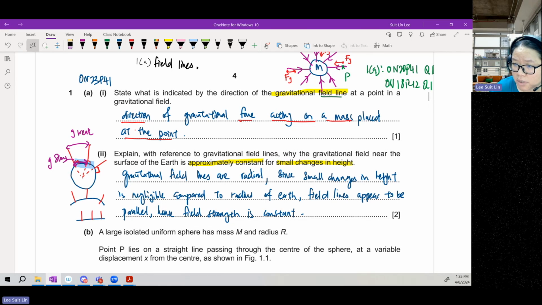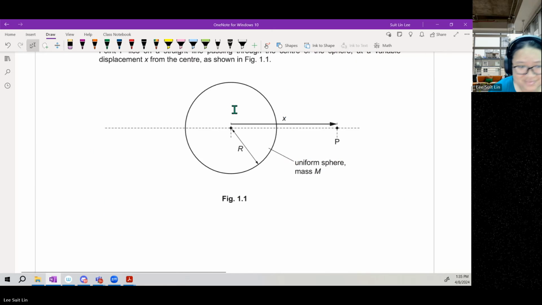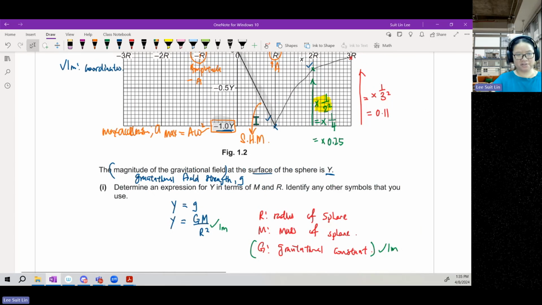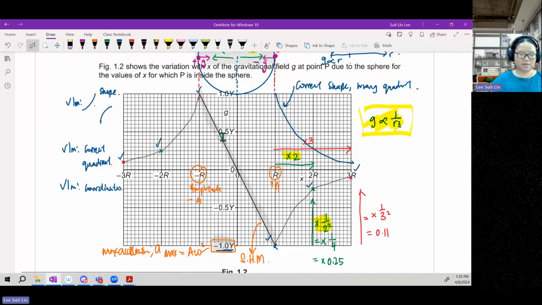Okay, inside the planet is new. Simple harmonic motion ties have never been asked before. Can they ask? Yes. So just relate it to your regular simple harmonic motion graph.